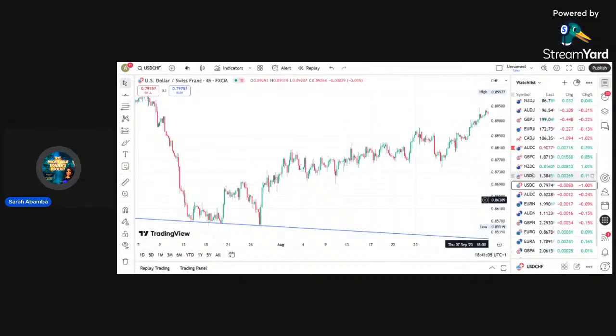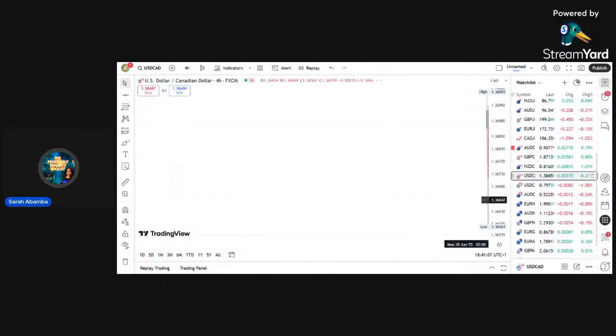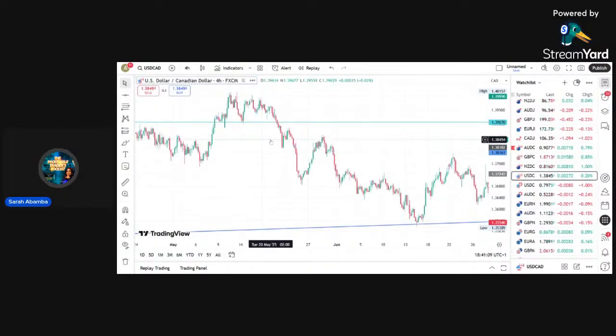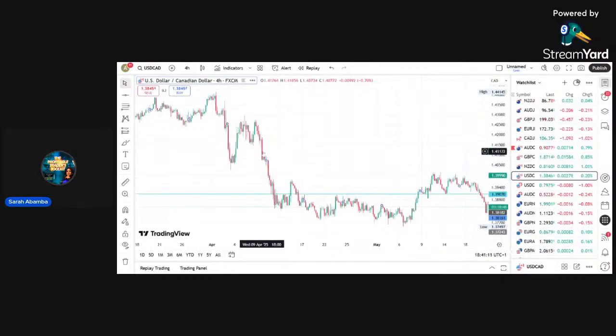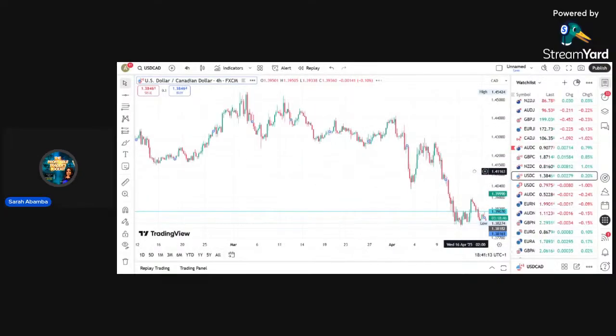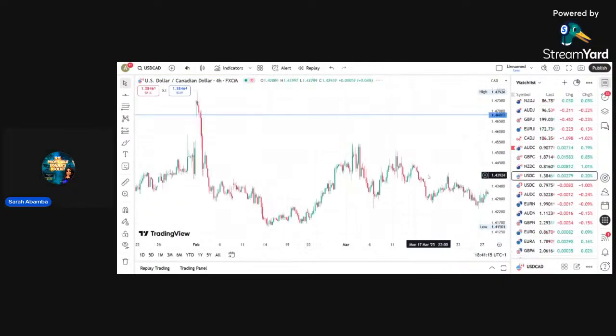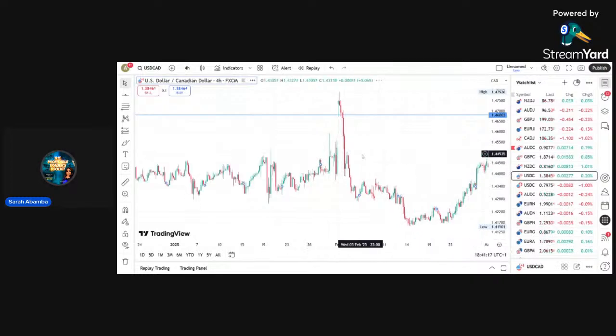If I'm not seeing one pattern in one pair, you don't have to be stuck there. You can move on from that pair.